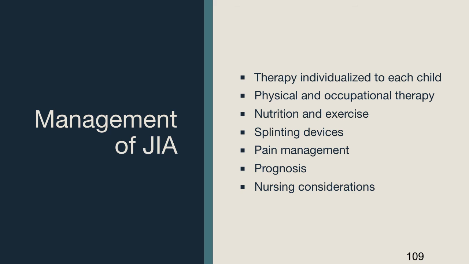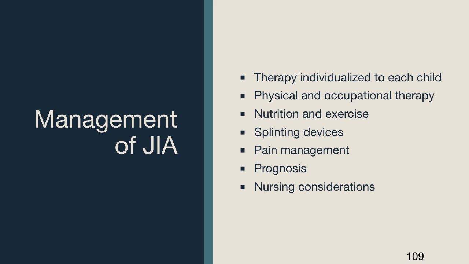They may receive physical and occupational therapy to keep their joint mobility, and nutrition and exercise are very important. These kids may not feel like exercising, but they need to do it so that they keep their range of motion and they don't develop muscle atrophy and contractures.